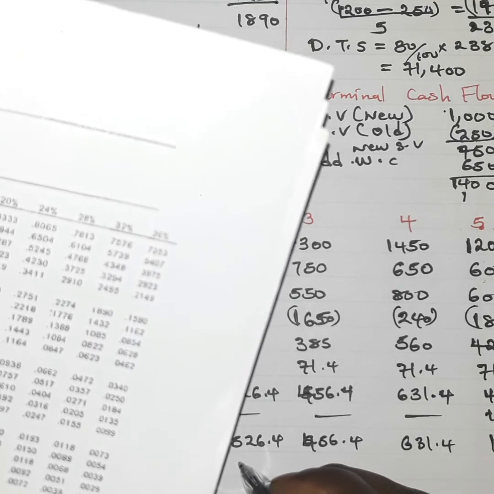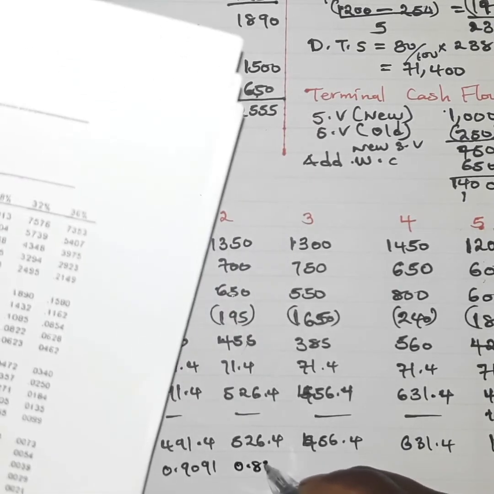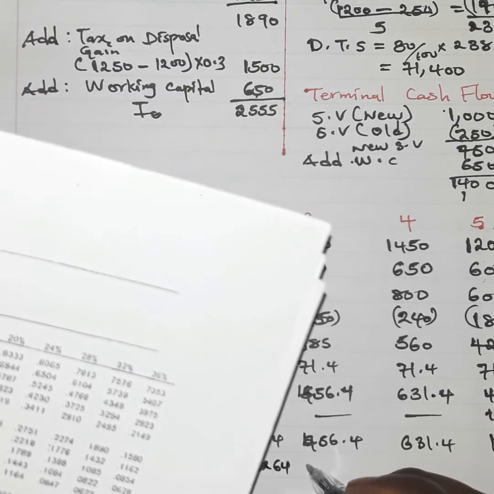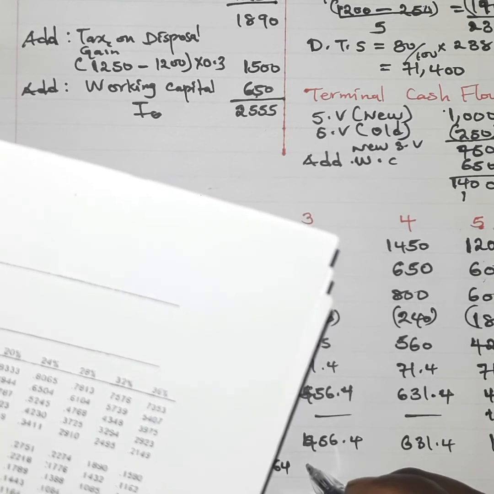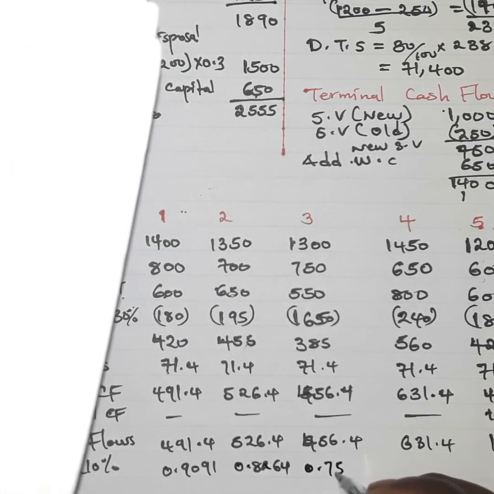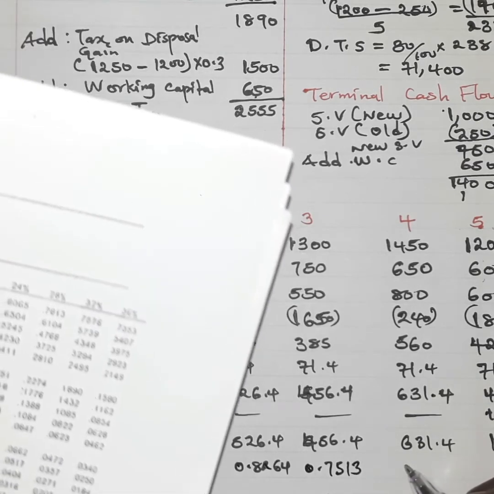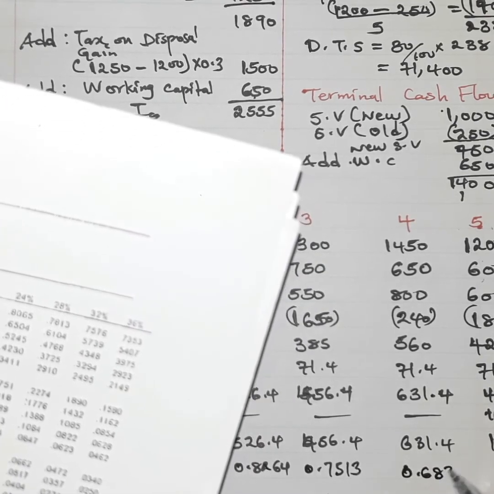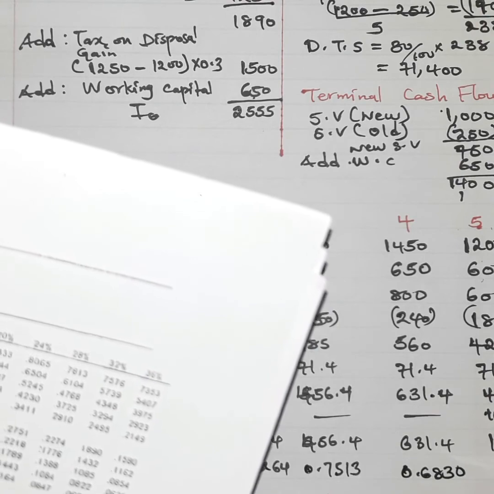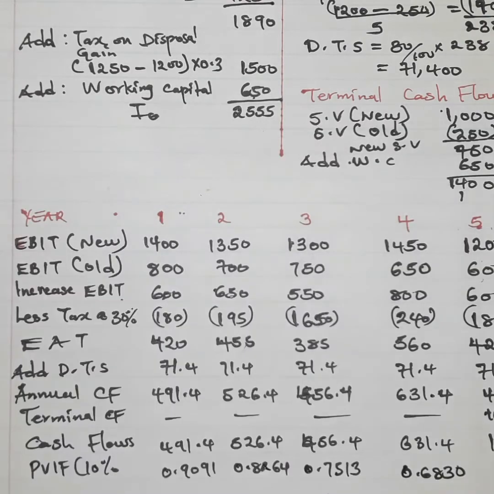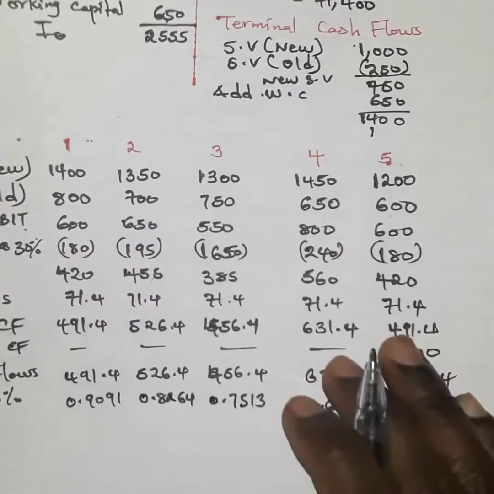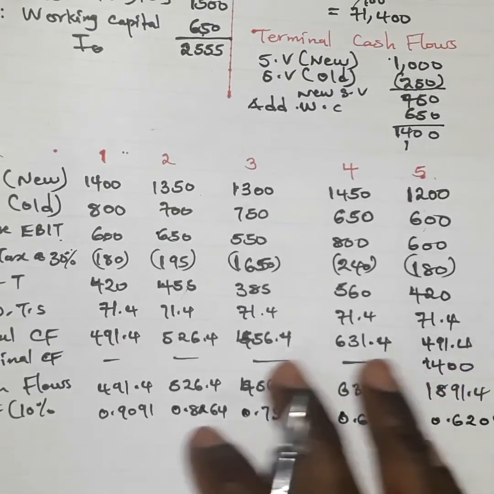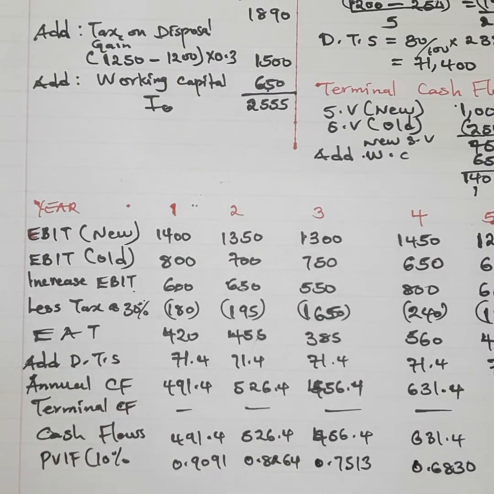For year 2 from the table is 0.8264. Then year 3 is 0.7513. Then year 4 is 0.6830. Then for year 5 at 10%, 0.6209.